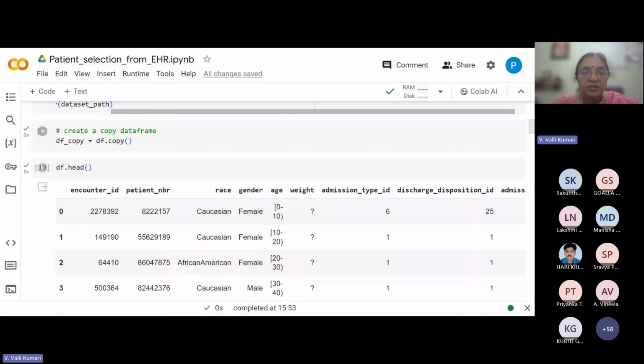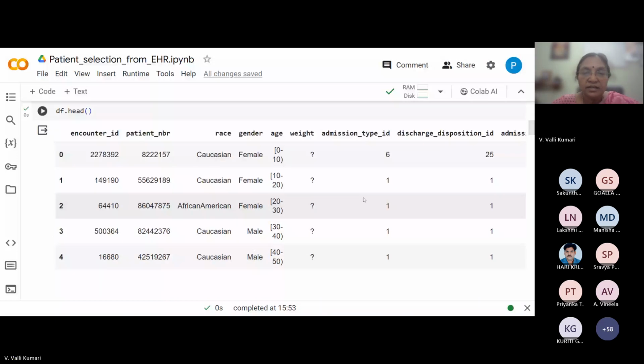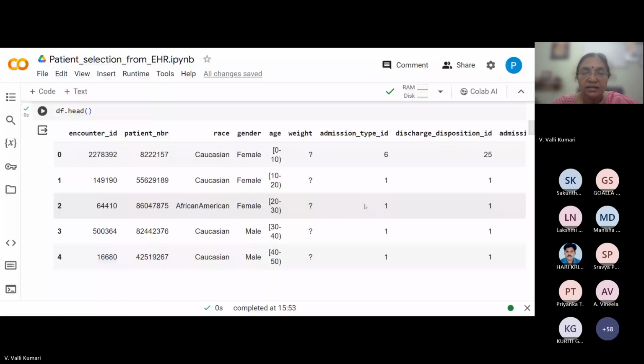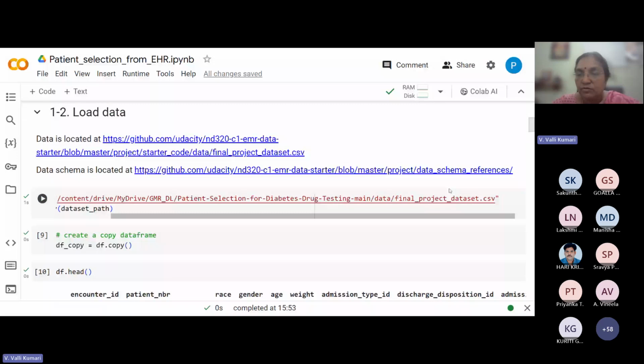And this is how the EHR data looks. Okay, so this is about the encounters.